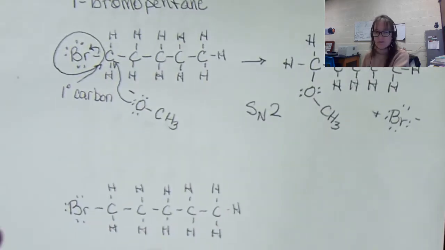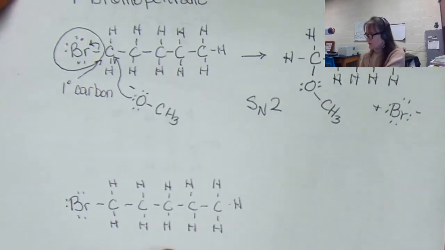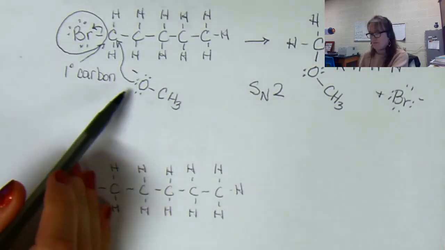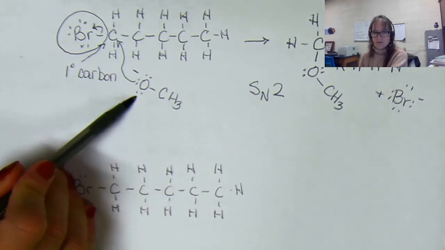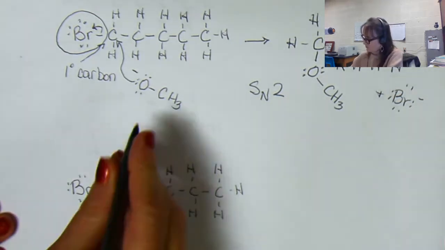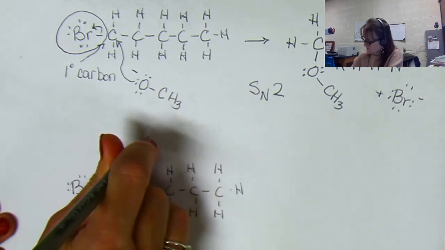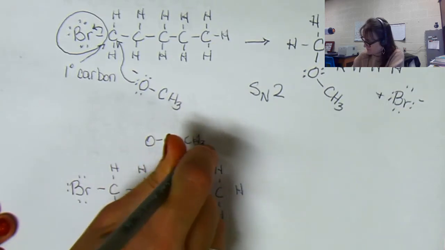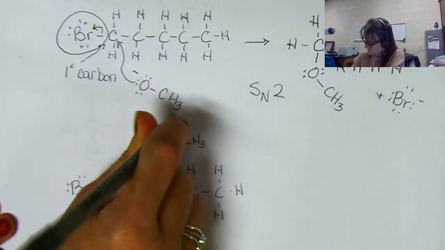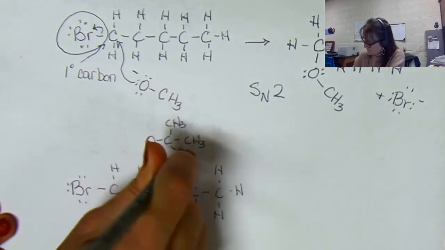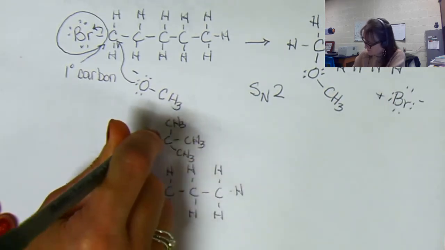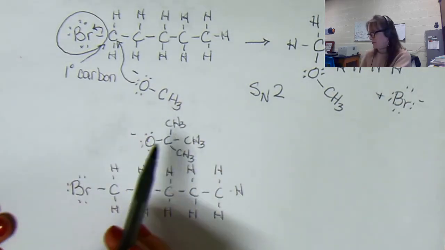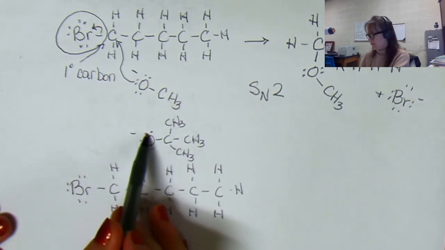If you have the same reactant, but your base is a little bit different, so if instead of having this nucleophile, we have this nucleophile. It's still an alcohol that has lost its hydrogen, so it's a negative ion.